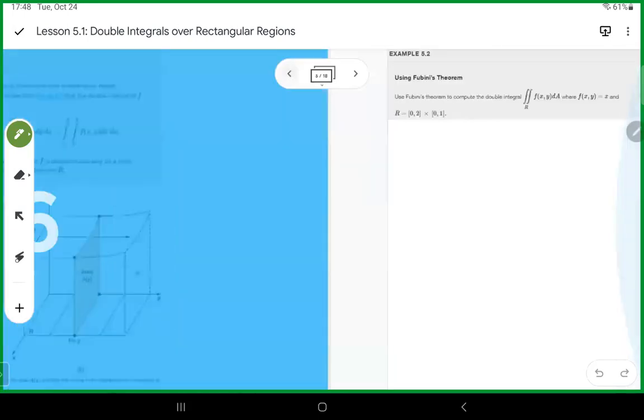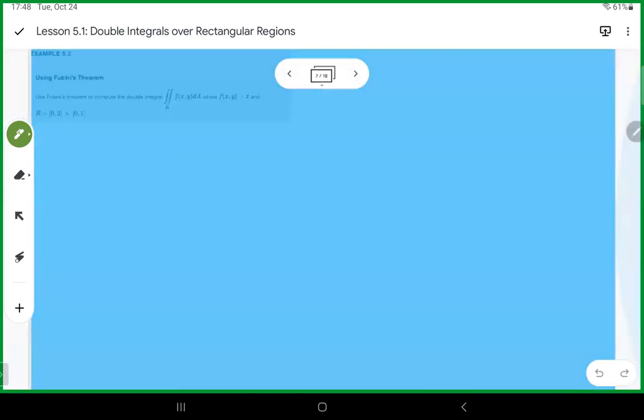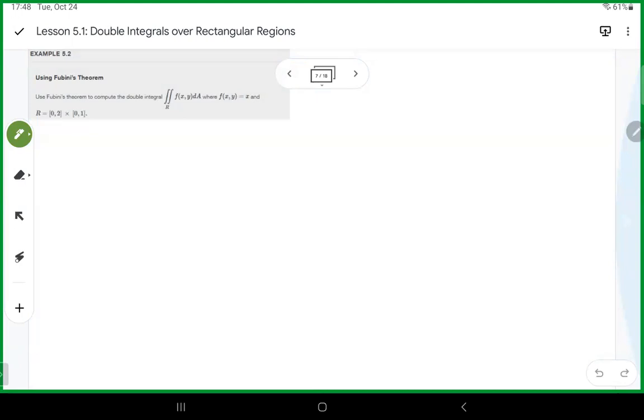So we're going to use Fubini's theorem, and we're going to use that in our next example, because what you're going to see is that using Fubini's theorem is an easier way to evaluate the double integral by using an iterated integral. So we want to note how the boundary values of the region R become the upper and lower limits of the integration. So I will show you how to work one of these.